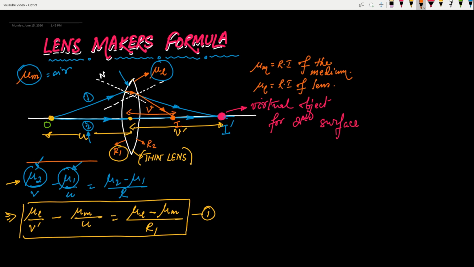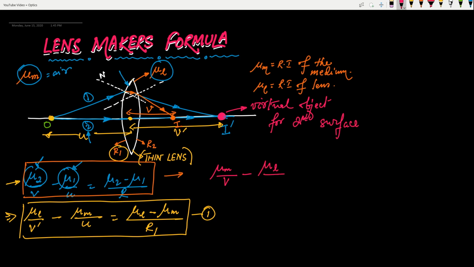Now let's use this formula for the second surface. What will we get? mu2, this time, is mu m divided by the final image distance V, minus mu1, which is that of the lens, divided by the object distance.